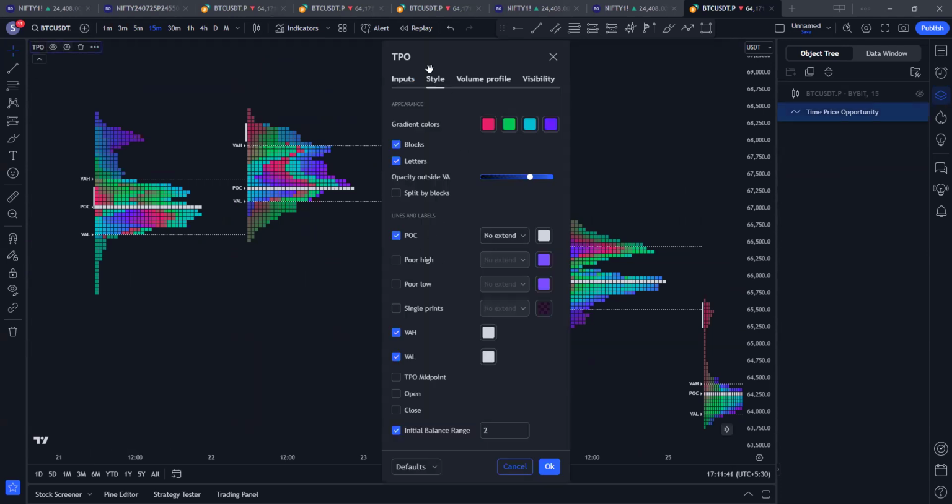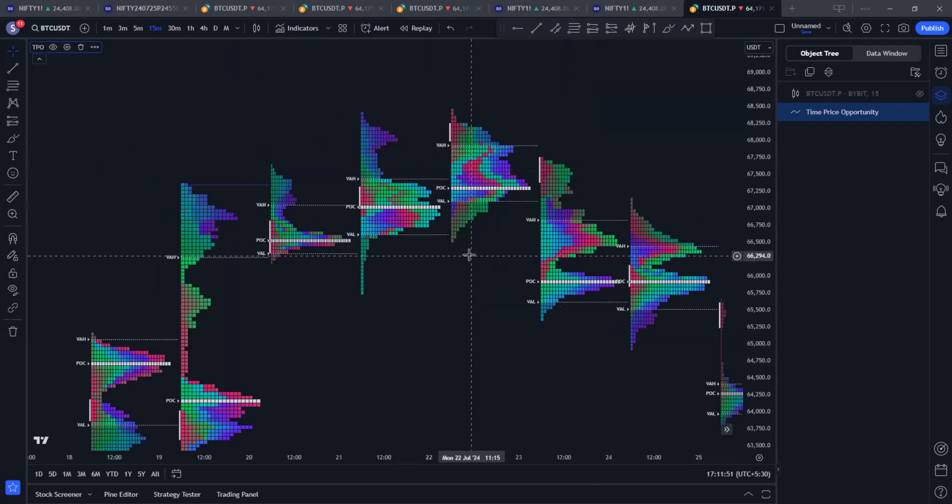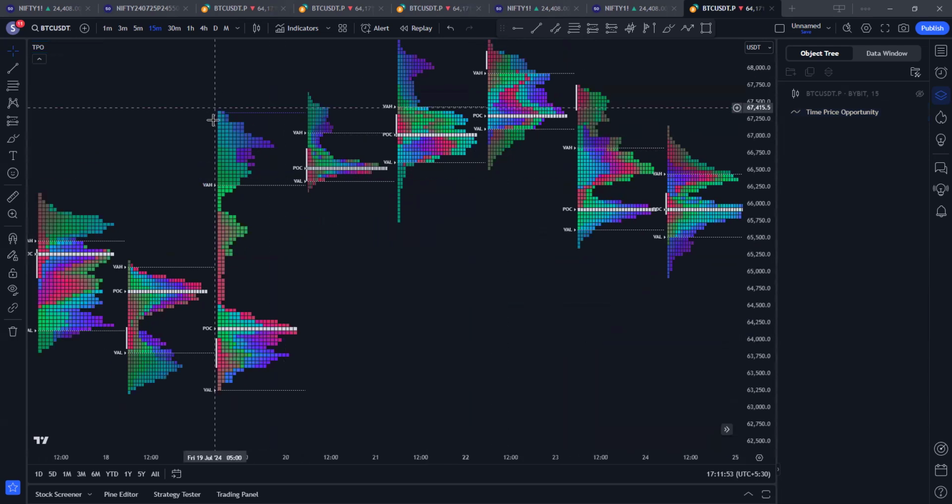You can turn this off, and if you want to trade it, you can extend it. Poor high and poor low are very interesting and very important for trading TPOs. Poor highs and poor lows are the points where price has spent more time. Like I told you, time limits opportunities.